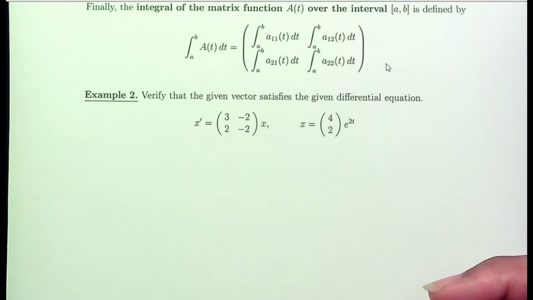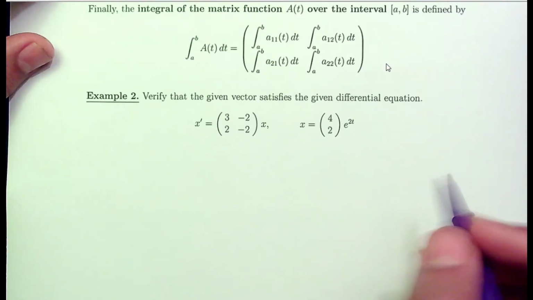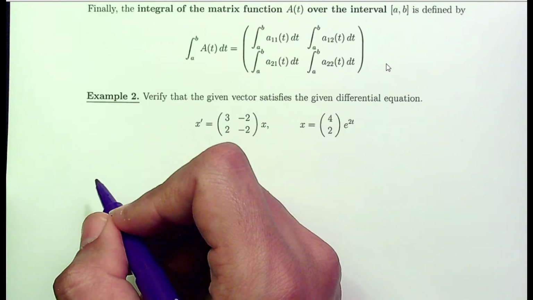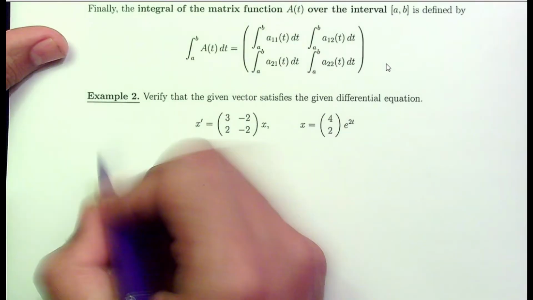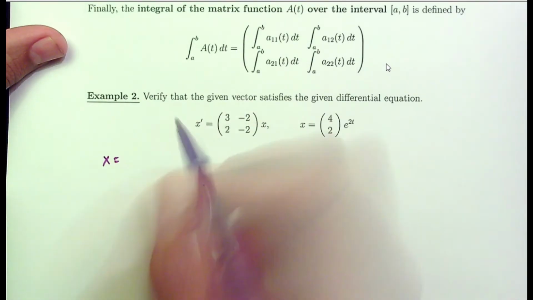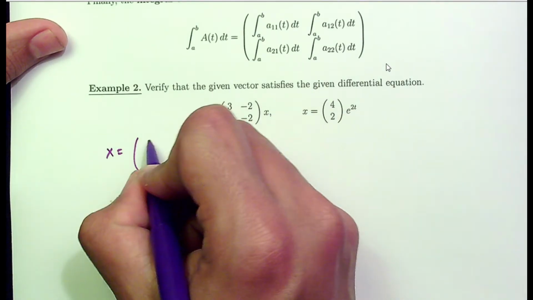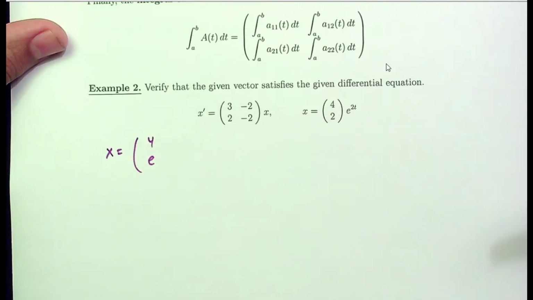You get something that is true. So okay, the easiest way to do this is to rewrite x just a tiny little bit. I mean, you don't have to do this, but it makes it easier.